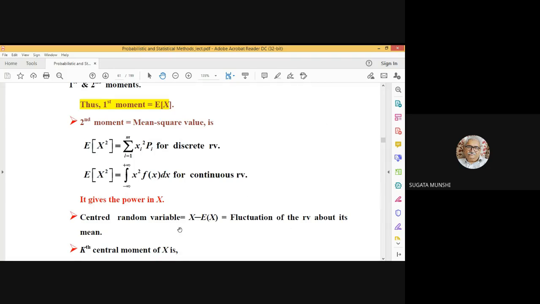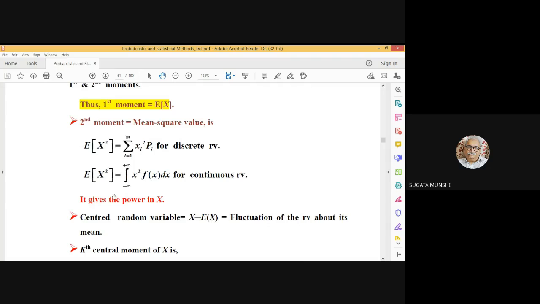Now have a look at the so-called centered random variable, x minus expectation of x. Once you have considered a particular random variable x, its expectation becomes a constant. So x minus expectation of x, or x minus mu x, is nothing but the fluctuation of the random variable x about its expectation or mean.